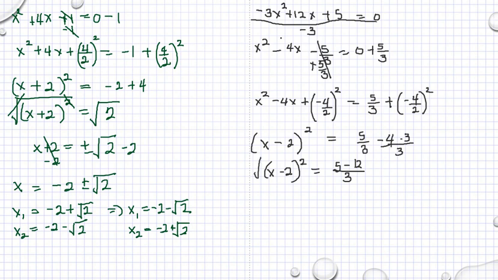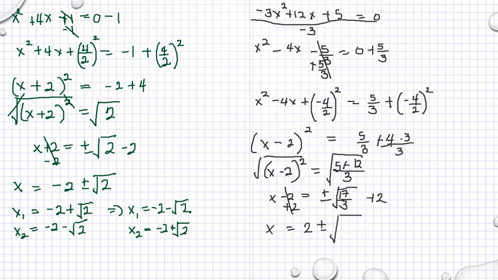If we take the square root of both sides of the equation, then we have x minus 2 is equal to plus or minus the square root of 7/3. There's something wrong. This is positive, so this should be positive. Then it is 17/3. If we add 2 to both sides of the equation, then we have x is equal to 2 plus or minus the square root of 17/3.